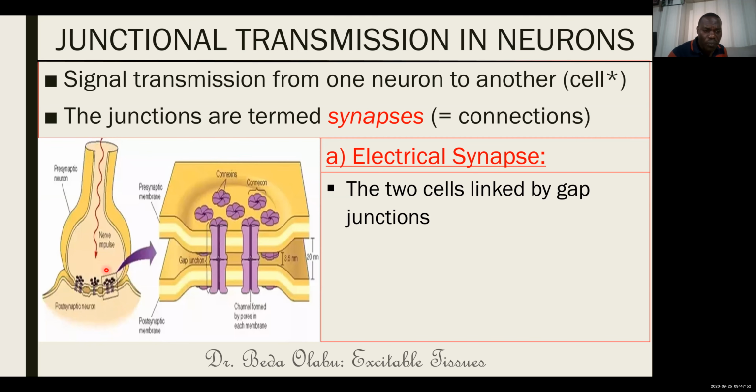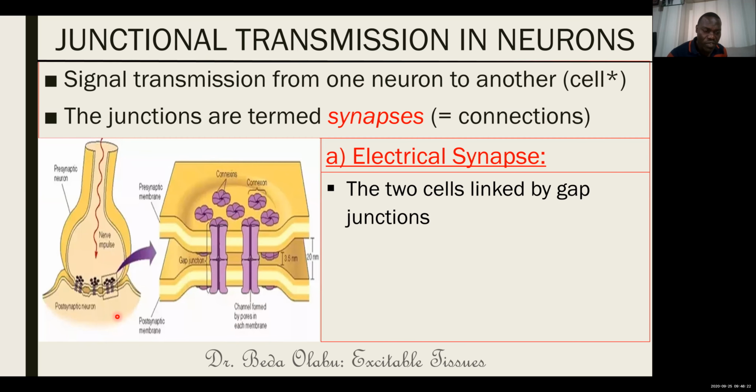If sodium influx here has caused depolarization, the sodium will diffuse easily through the gap junction to the cytoplasm of the next cell, because these are just gaps. Gap junctions are channels where the two cytoplasms concerned are in free communication, so ions can diffuse freely from one to another.